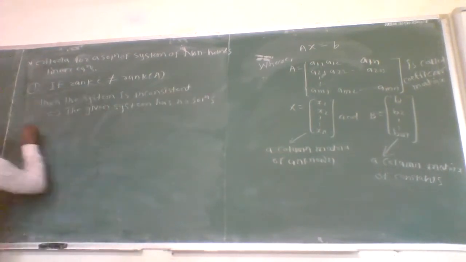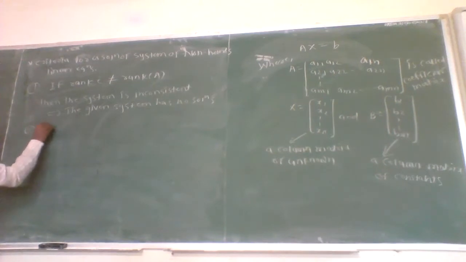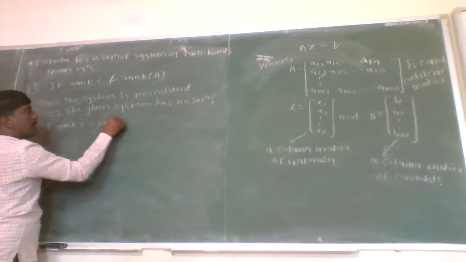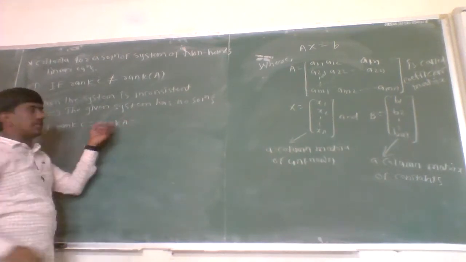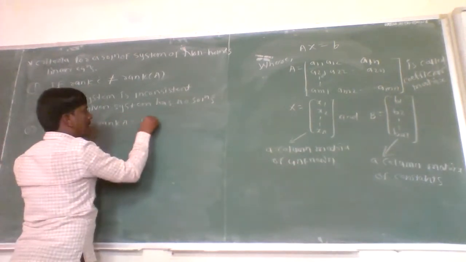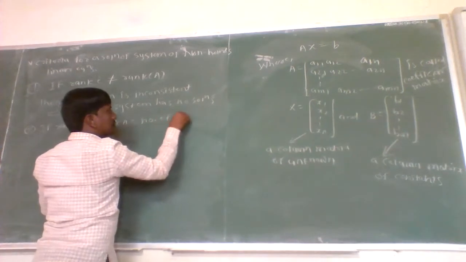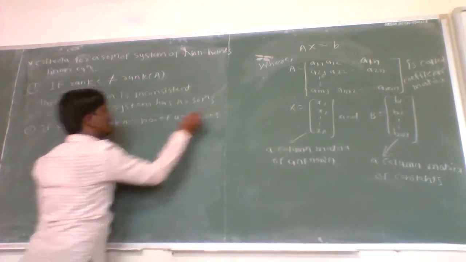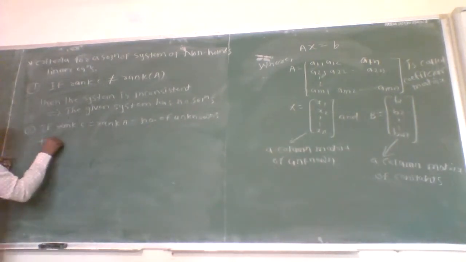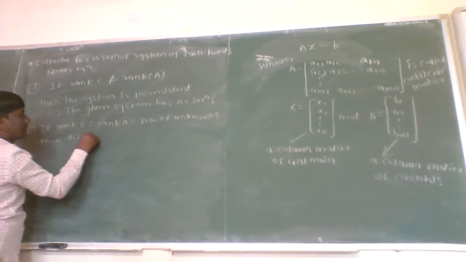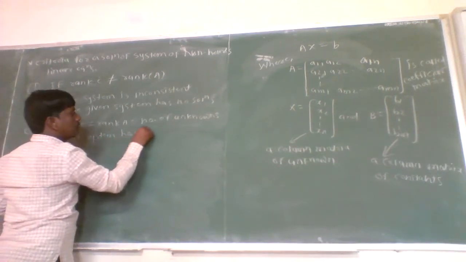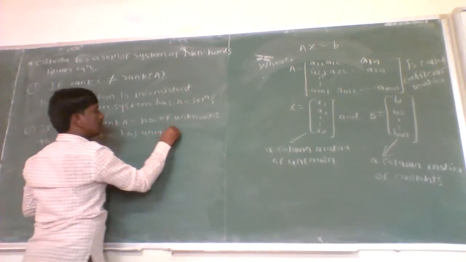Now after that, if rank of matrix C is equal to rank of matrix A, and rank of matrix A is equal to the number of unknowns, that is x1, x2, up to so on xn unknowns, then the system has a unique solution.